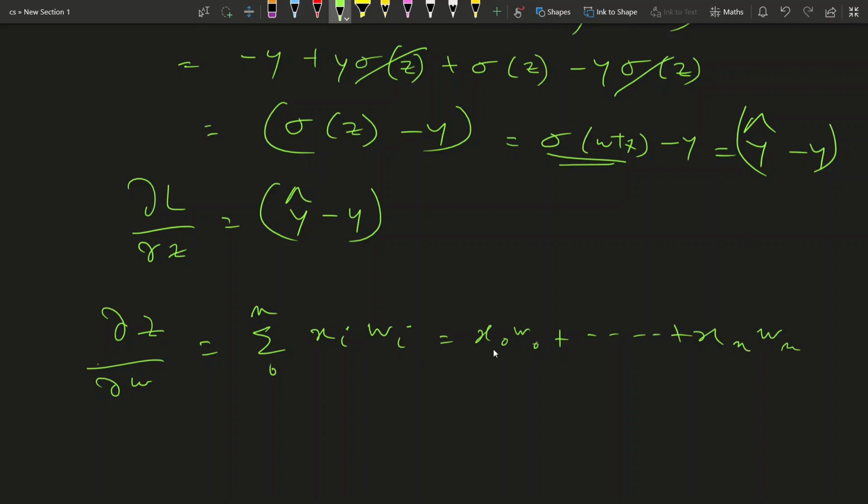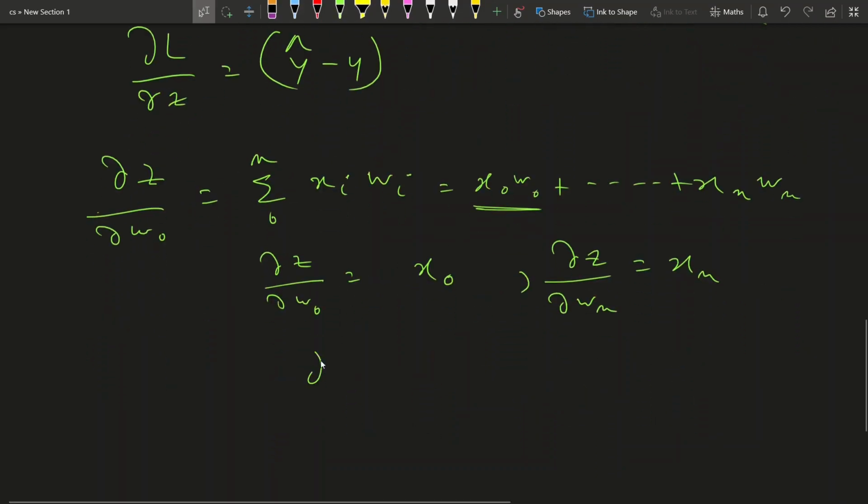Now if I do differentiation with respect to w naught, then the rest will be treated as constant since we are computing the partial derivatives. Only this will be taken into account, which means del z by del w naught will be nothing but x naught. Similarly, del z by del wn will be xn. So to generalize this, del z by del wi will be xi.